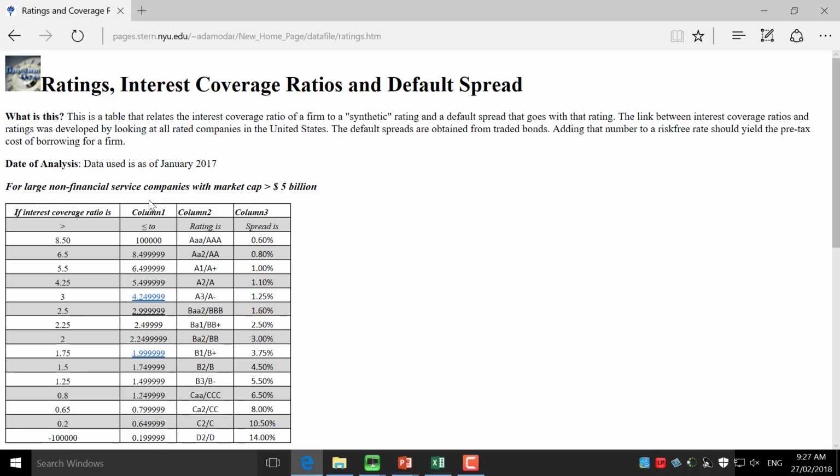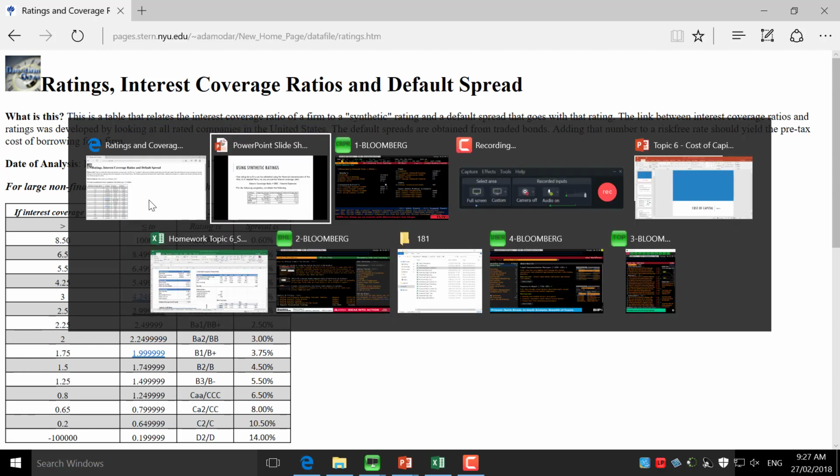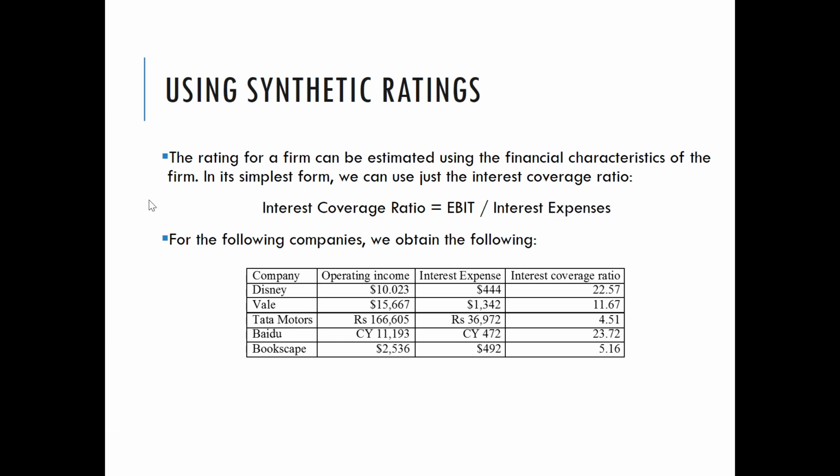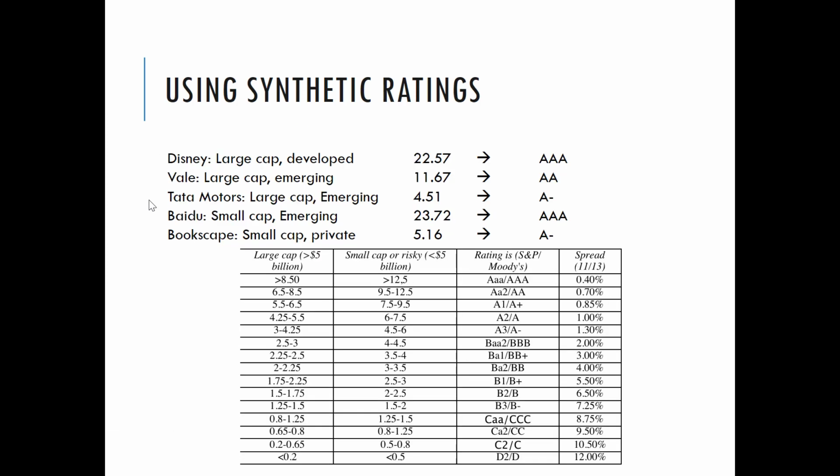Again, that same website, the first hit on Google, first column here is: if interest coverage ratio is greater than maybe 8.5, then the rating is AAA, spread is so and so. So you would use the exact same website in this case. So what you can do here is figure out the interest coverage ratio and then use a table such as this to figure out what is an appropriate rating and what is an appropriate spread.